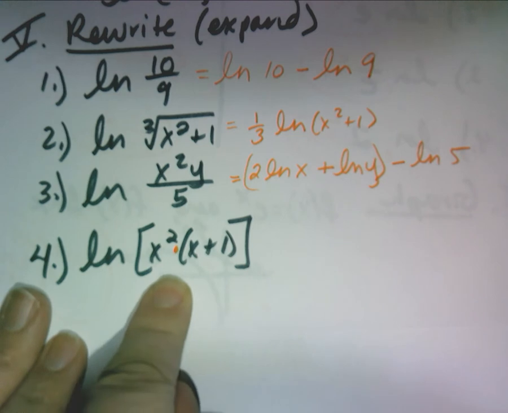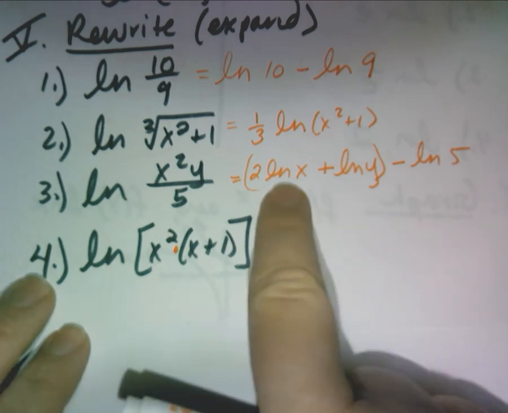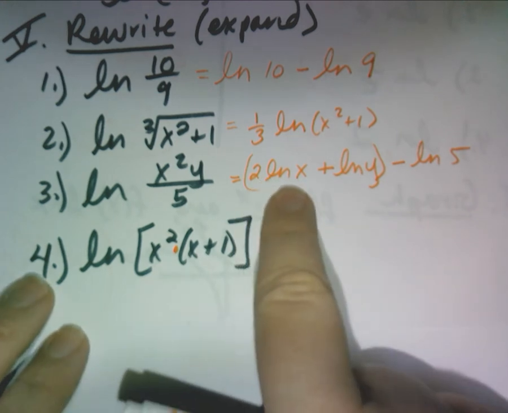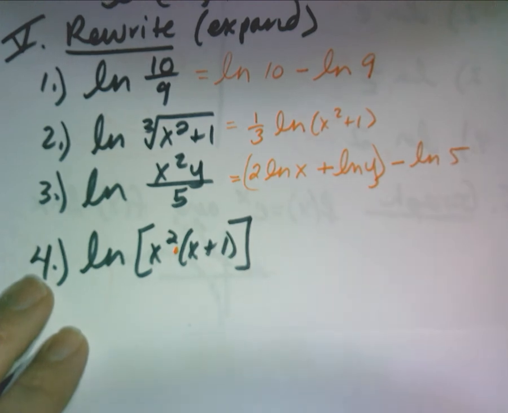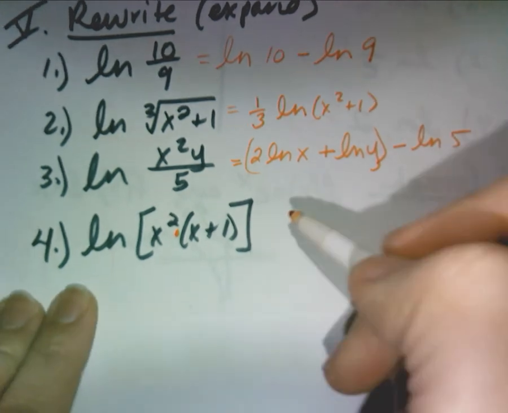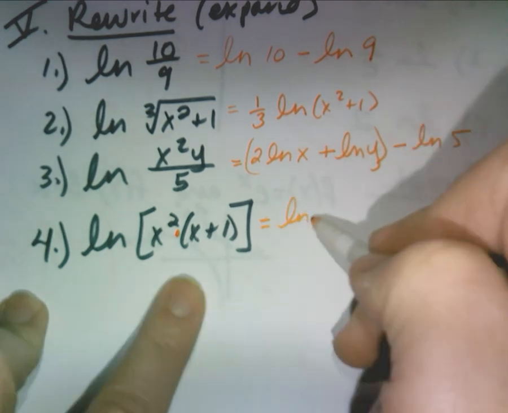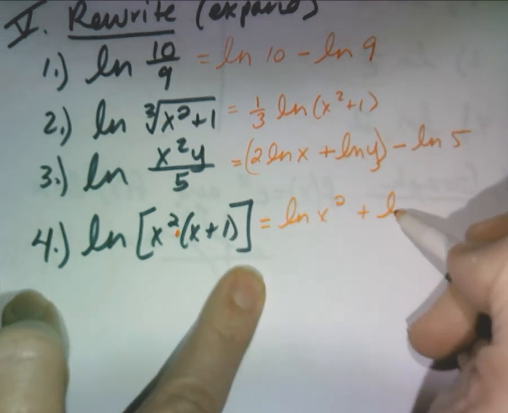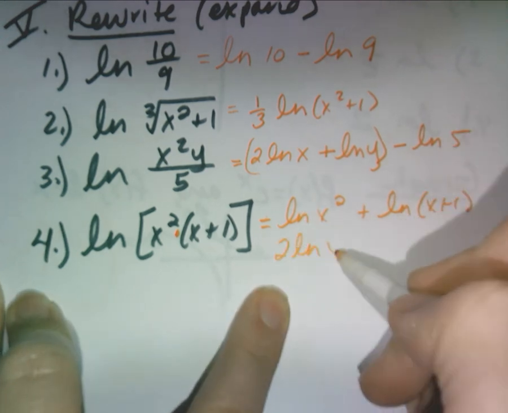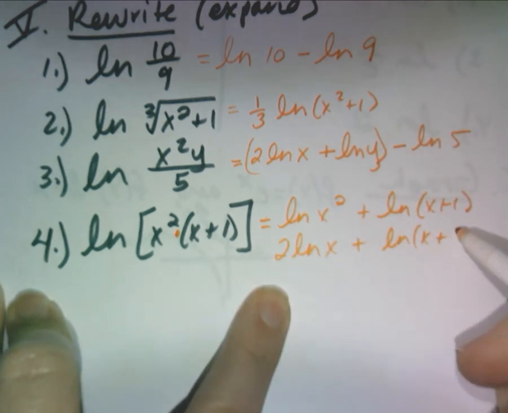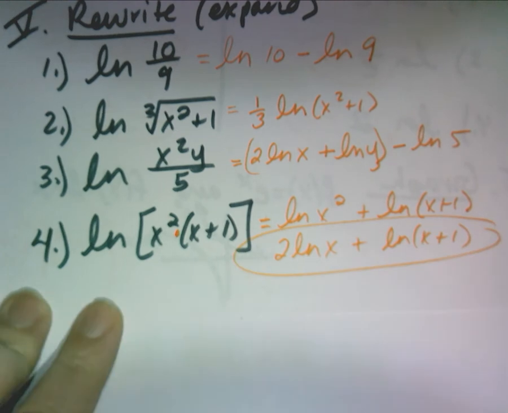Are you with me on that one? Whereas this is, oh, I can take the derivative of that. That's 2 over x. That's 1 over y. And you see, 0. So it's easy. All right, so this would be ln x squared plus ln of x plus 1. Then I just bring that 2 in front: 2 ln x plus ln of x plus 1. And again, you cannot separate x plus 1.